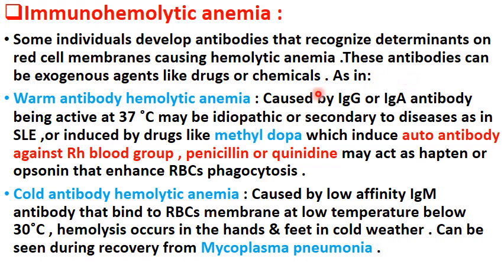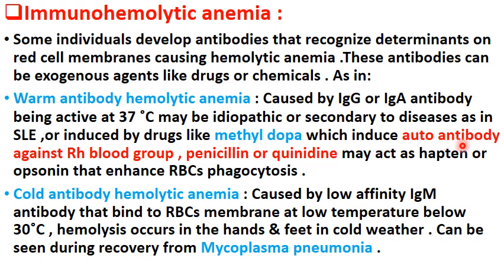The patient just might develop IgG and IgA against his RBCs, or it might be secondary to certain diseases, might be infection, SLE, systemic lupus erythematosus, or drugs, for example, methyldopa.